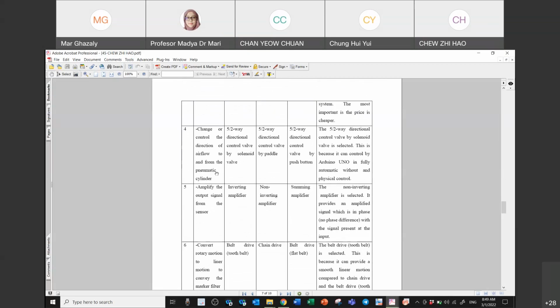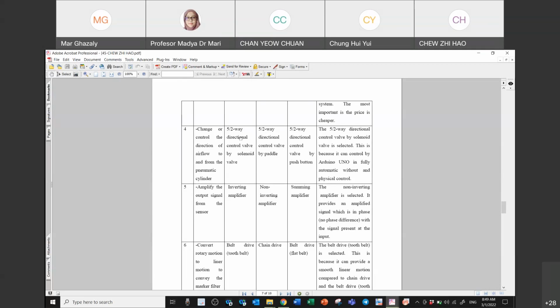Change of control. So you either want to use a 5/2-way directional valve, control valve by pedal, by push button, airflow. If you give these options 1, 2, 3, I won't give you full marks.